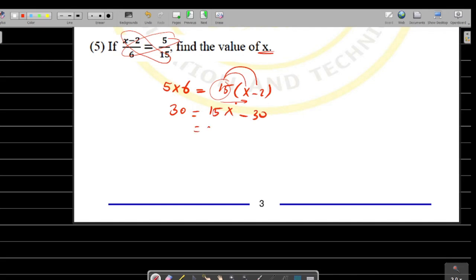Okay. Now this is 15x. Move 30 to the other side with the different sign, so it becomes 30 plus 30. It will be 60 equal 15x, and then divided by 15, divided by 15. 15 divided by 15 equal 1, and 60 divided by 15, I think it's 4, because if you repeat 15 four times, you get 30 and 30, 60, so yeah, it will be 4.